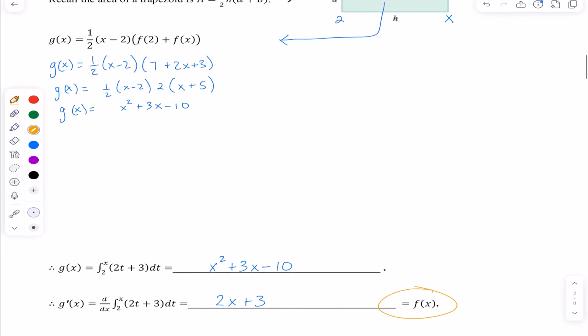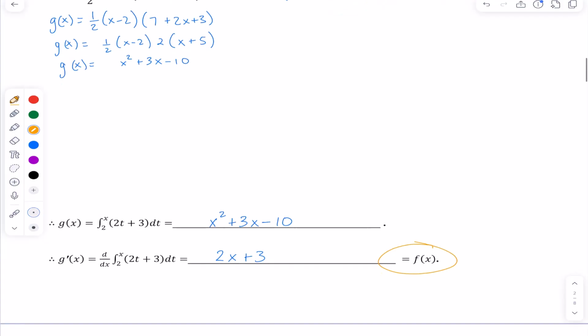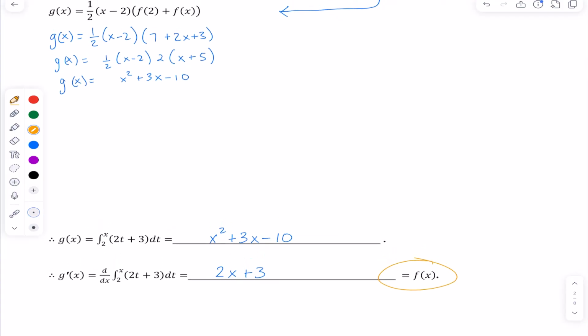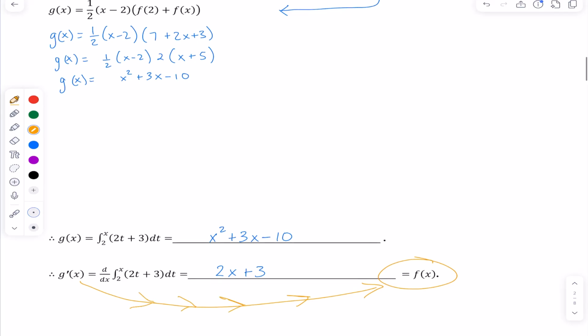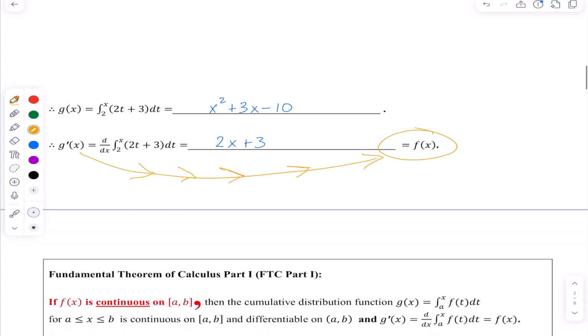So using the change of variables here, we can see that the derivative of the accumulation function gets back the original function, which leads us to the fundamental theorem of calculus.